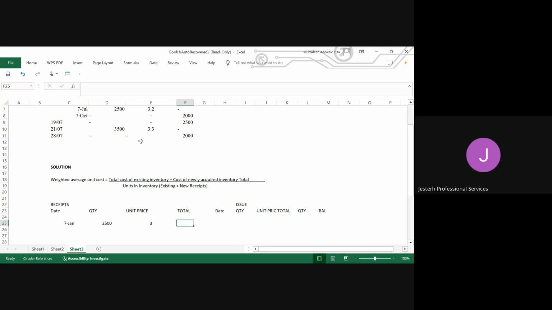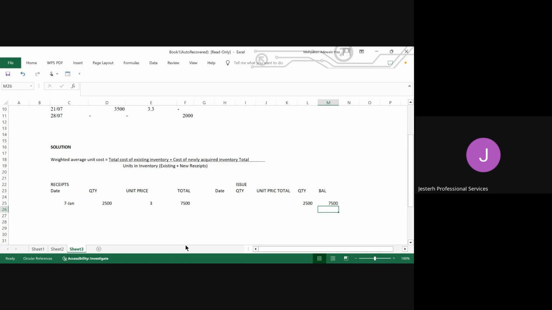Then, how are you going to arrive at the total cost of purchasing this order? 2005 multiplied by 3 naira, then it will give us 7,005. Then you come to this balance: 2005 quantity worth 7,005. So all these things are just the normal procedure that we usually follow from the first approach that we use.